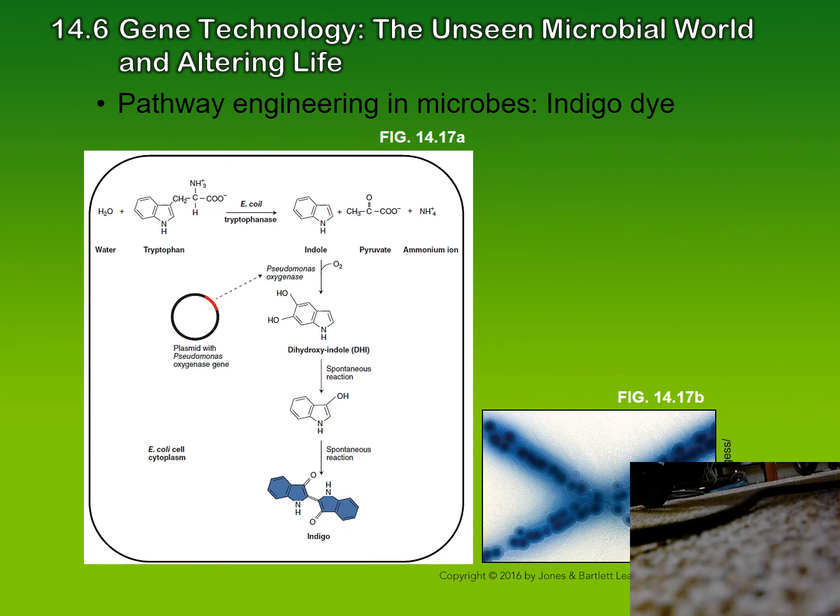And here you can see just part of the pathways here that we can take water and tryptophan and then convert that into indole and then convert that again and finally end up with that indigo blue. And the bacteria that are producing the tryptophan, they need an extra gene to be able to turn it from the indigo into the indigo blue.